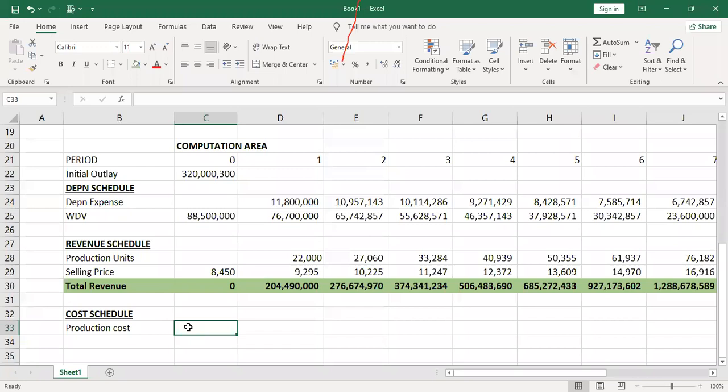This is when you determine what to charge. So press the production cost, press the cursor under period 0, press equals.